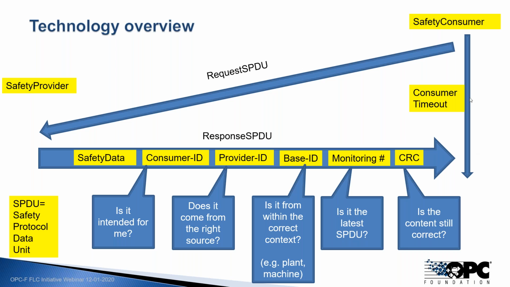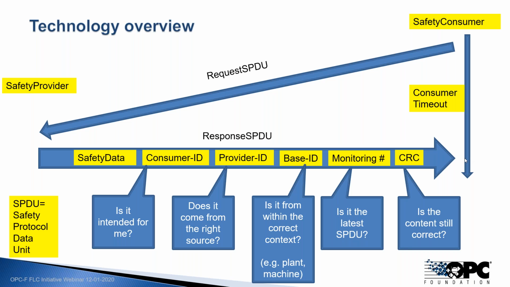Last but not least, there is another mechanism implemented within the safety consumer, which simply checks the time it took from sending the request SPDU until receiving the response SPDU. There is an upper limit on that time, let's say 10 milliseconds or 100 milliseconds.